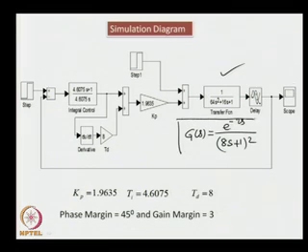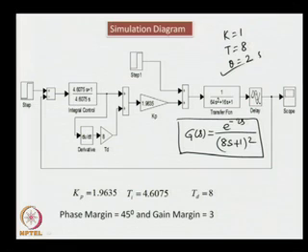Now, using k equal to 1, t equal to 8 seconds and theta equal to 2 seconds, the parameters of the series PID controller can be obtained with the choice that the phase margin of the loop is 45 degrees and the gain margin is 3.